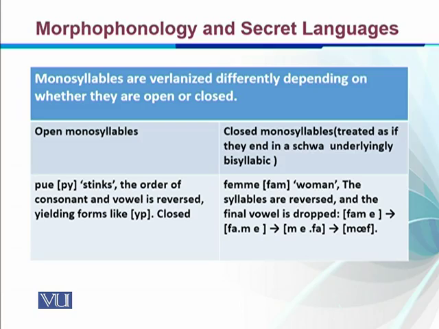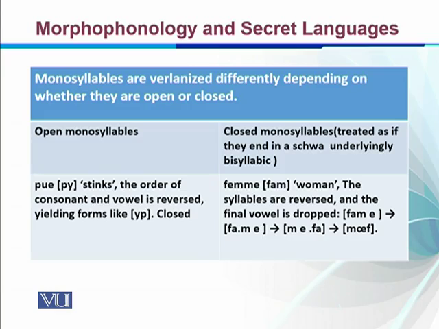So "femme," woman: the syllables are reversed and the final schwa is dropped. So "femme" becomes "fa, ma," then "ma, fa," and ultimately the word becomes "meuf."